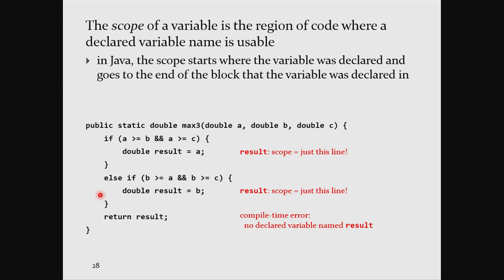So when you reach the return statement, the compiler says, hey, there's nothing called result declared in this block. And that's because there isn't. To use result, it has to be declared somewhere inside of the block of the method body, and not inside of a nested block somewhere else. So declaring it in here means the scope of that variable is limited to that block.